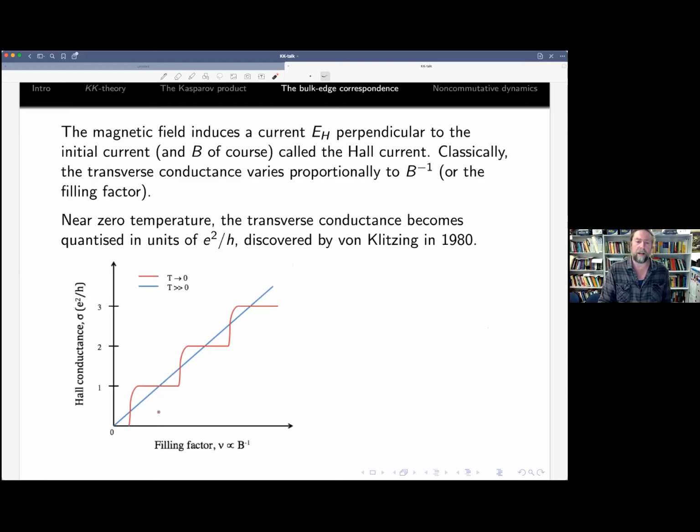Jean and Alain have shown that there is a Fredholm module, and it has an unbounded representative, which is an unbounded Kasparov module, which pairs with the Fermi projection of the Hamiltonian of this system to give the conductance in those units of e squared on h. So it's known that you can explain what's going on with the quantization here using index theory.